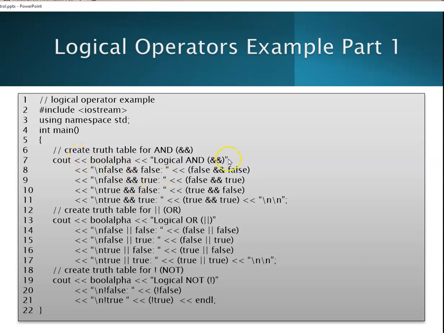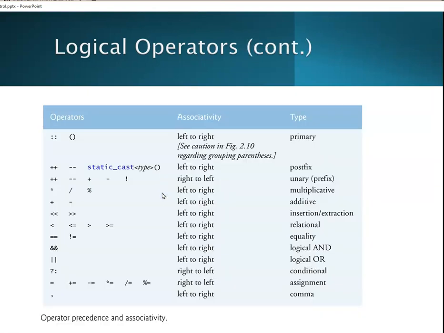Here, for example, we say logical AND is false and false, and then false and false should be false, false and true should be false, etc. And it will produce a complete truth table.